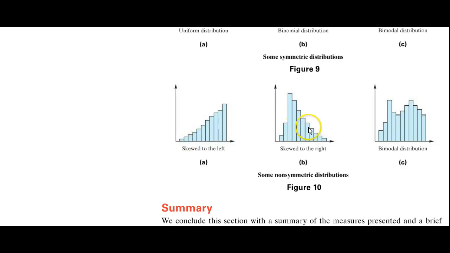Here this is skewed to the right, where again, less on the right, more on the left. And here again, not symmetric, but bimodal distribution, that you have a peak there and sort of a peak there. Again, these are just used to describe your data and may have statistical importance depending upon what you are studying.